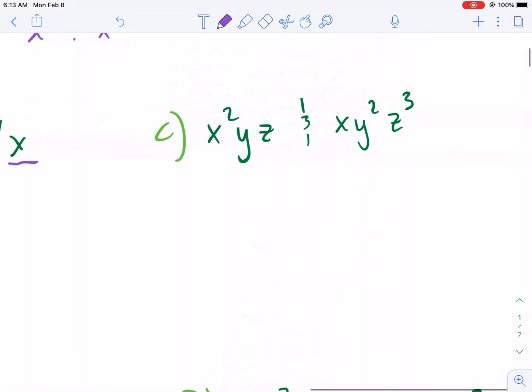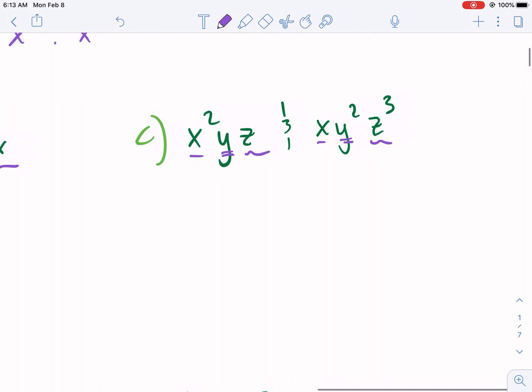And letter C, okay, we have no numerical coefficients this time, but we have x, y, and z all as variables. So now we just need to think, what's the greatest common factor of x? We have an x squared and an x. That means the biggest value that we can have is x. x times 1 gives us x, and then x times x gives me x squared.